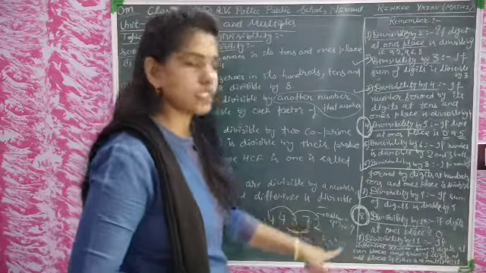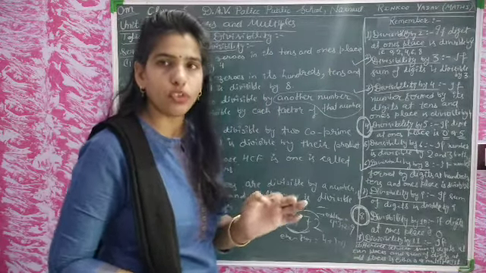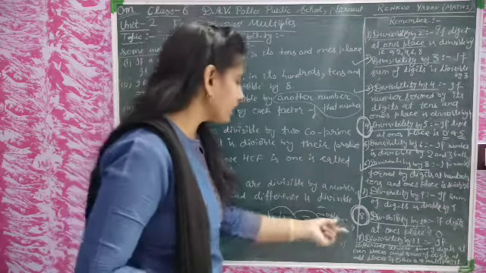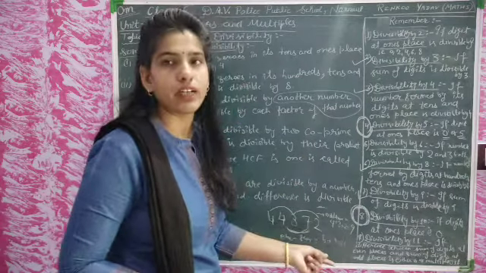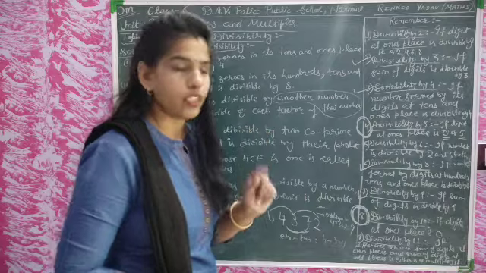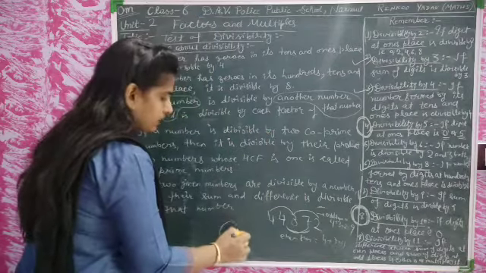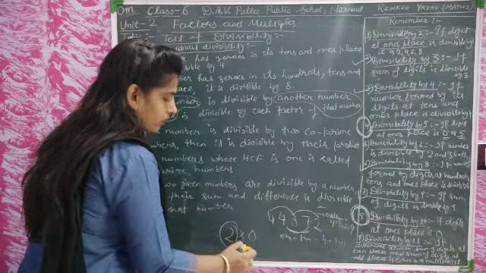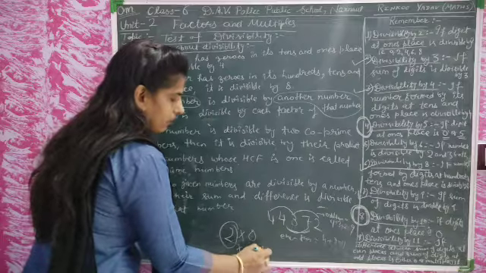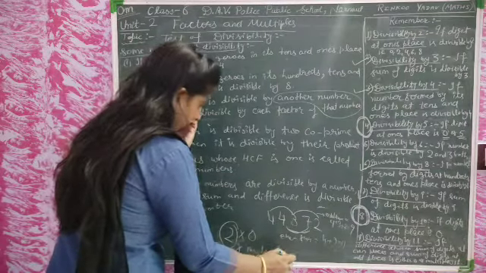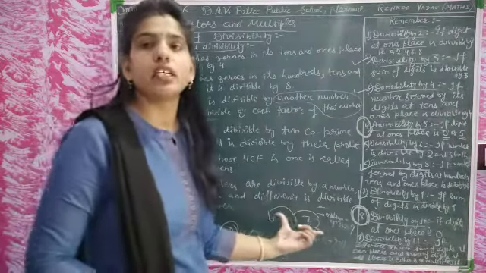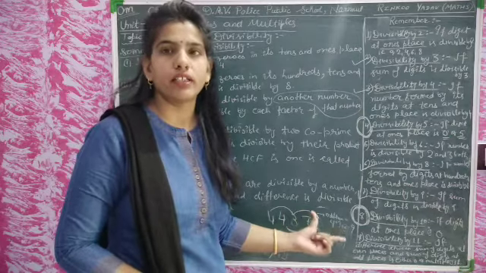Their difference is either 0 or divisible by 11. The difference between 9 and 11 is 2 here. It is not equal to 0 or a multiple of 11. It means this number is not divisible by 11.